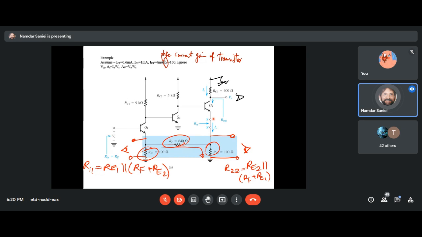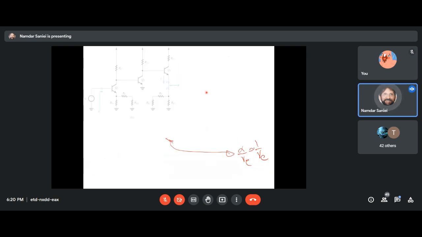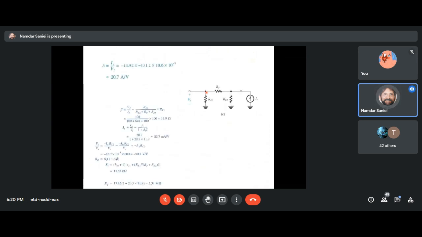And how that works is that this IO, which is IE, is almost IC, and VO is IC times RC3, in magnitude. So if we go back to this equation, if we multiply IO by RC3, we get VO.